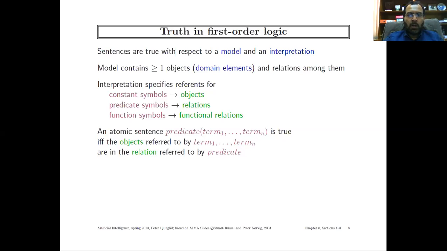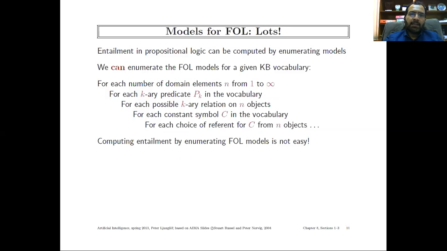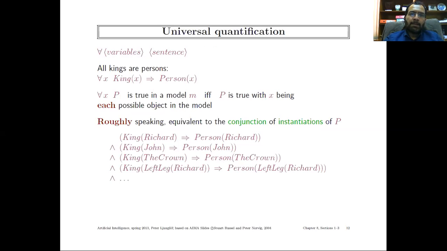So all those objects referred to by the terms must be in the relation. If it is not the case, then the sentence is not true with respect to the given model and an interpretation. So that is important about FOL.